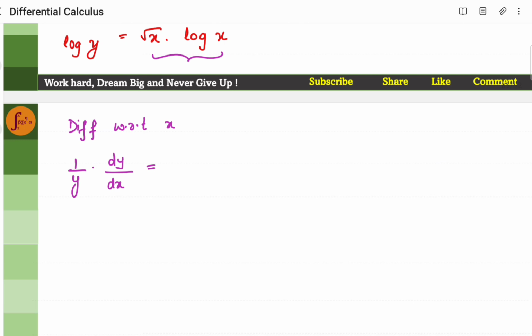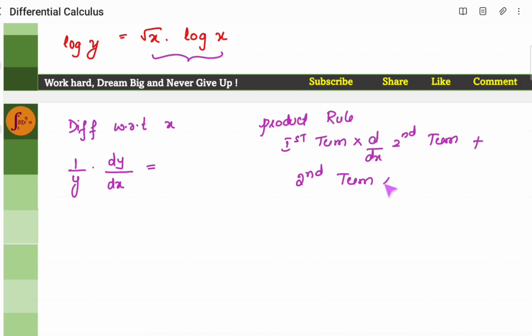So what does the product rule say? First term into derivative of second term plus second term into derivative of first term. So let's say this is the first term, this is the second term.